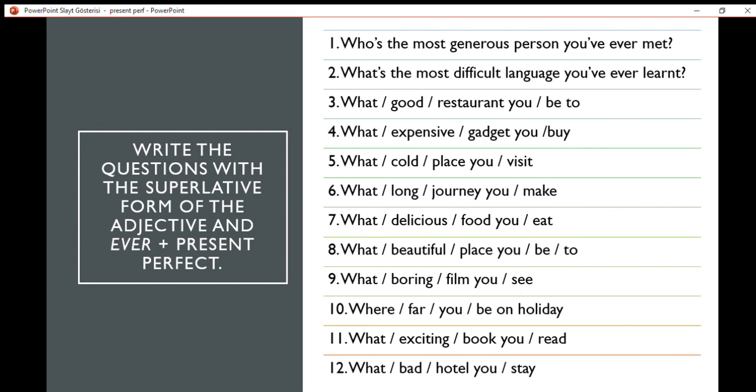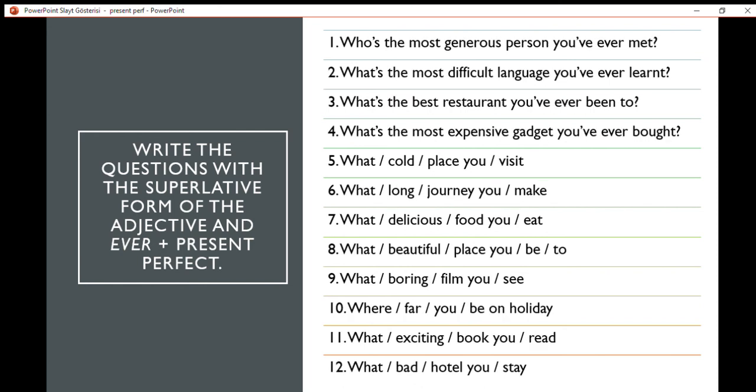Third one. What's the best restaurant you've ever been to? Fourth one. What's the most expensive gadget you've ever bought? Fifth one. What's the coldest place you've ever visited? 6.